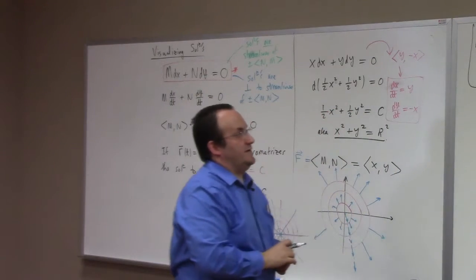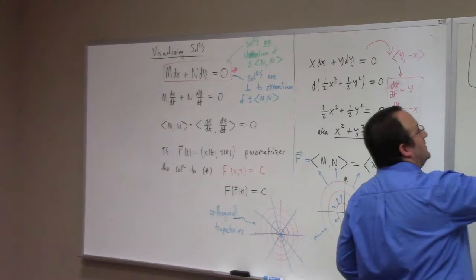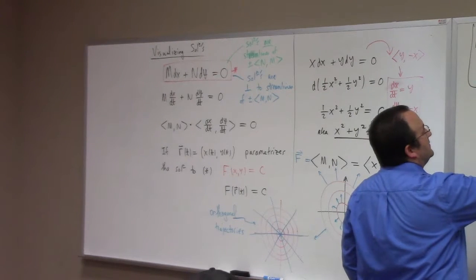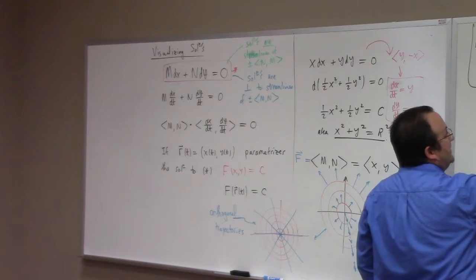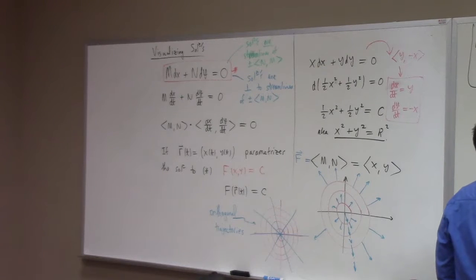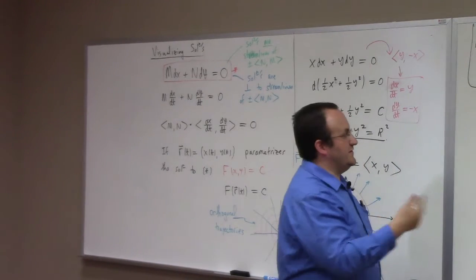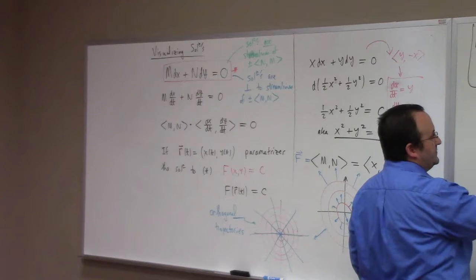So how do you do such a thing? Well, here's one way. I can just say, okay, 2x minus 2y dy/dx is equal to 0 for the given curve, right? So we can solve for dy/dx. What's dy/dx equal to?